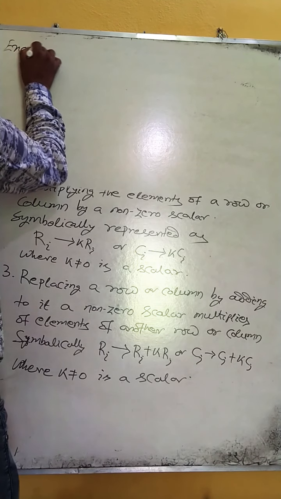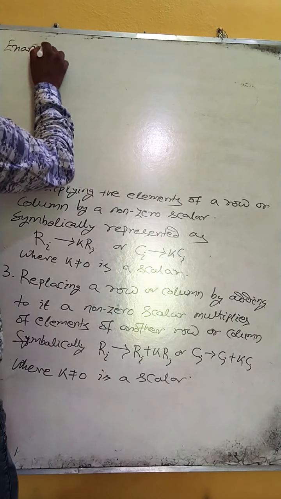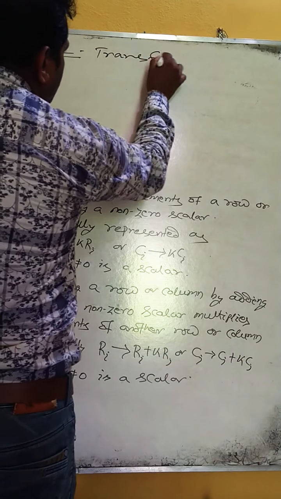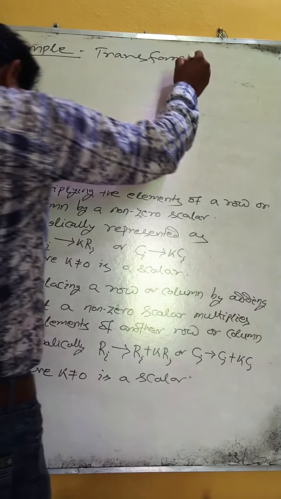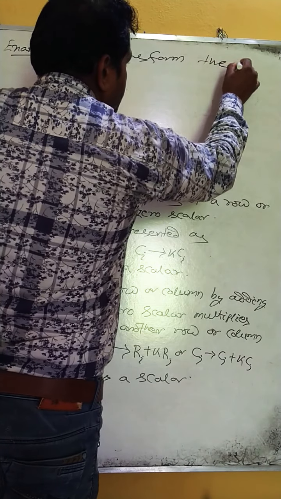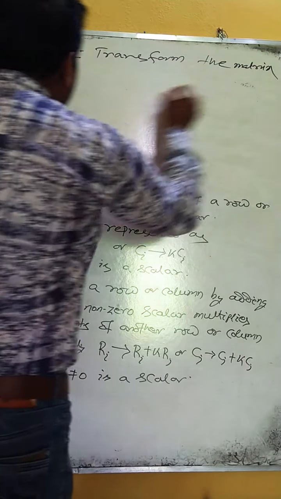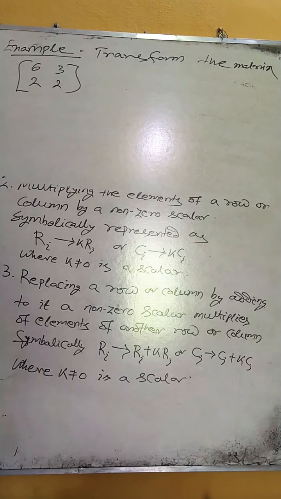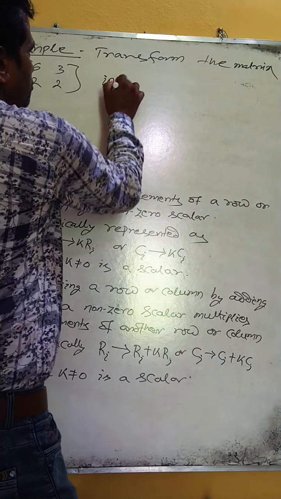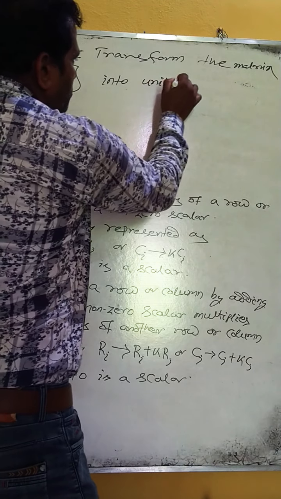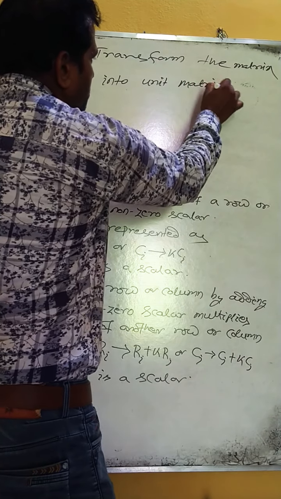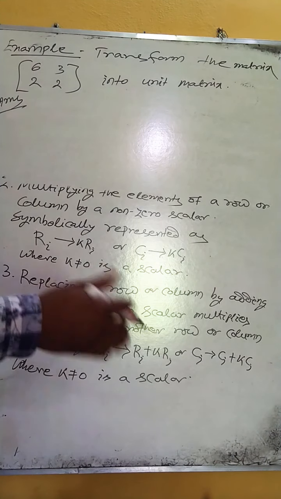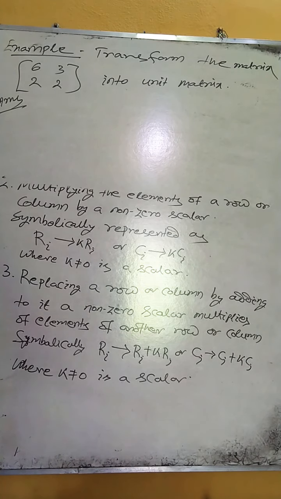Transform the matrix [6 3; 2 2] into a unit matrix. That means we transform the matrix into the unit matrix of second order, [1 0; 0 1].